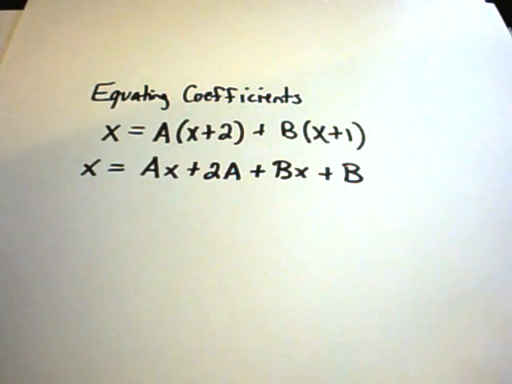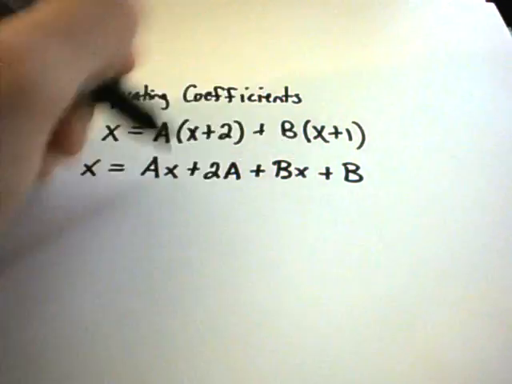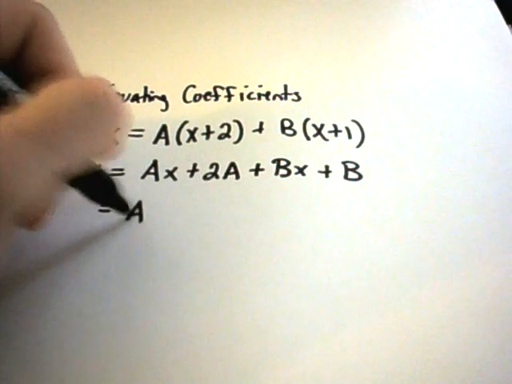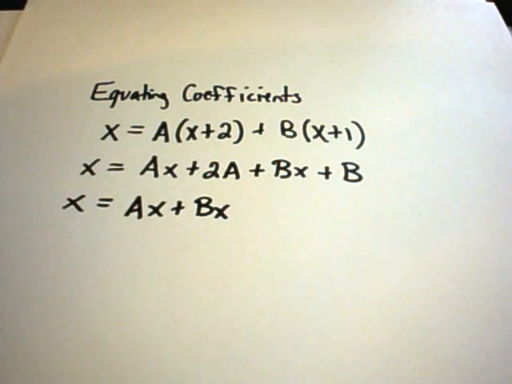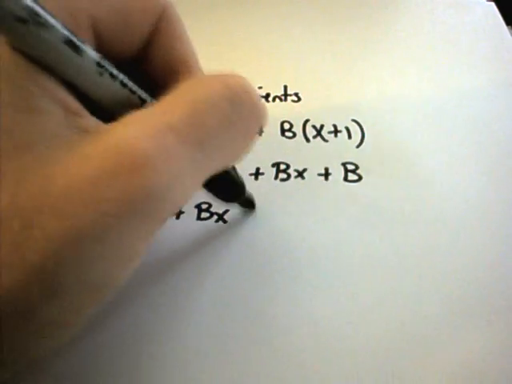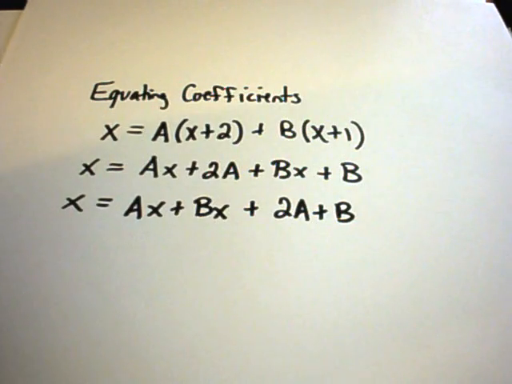And what you do now is group all of your like terms together. So I've got a couple x terms, ax plus bx. Again, you still have x hanging out on the left side. And then I have 2a plus b.